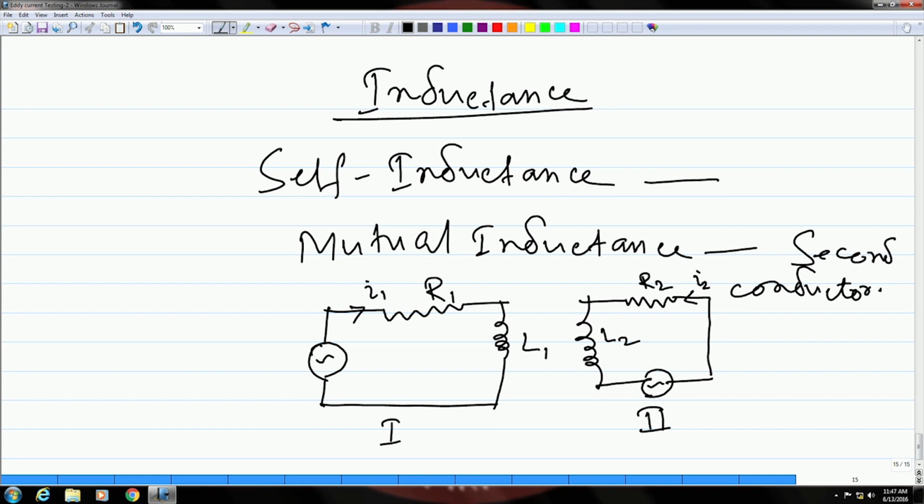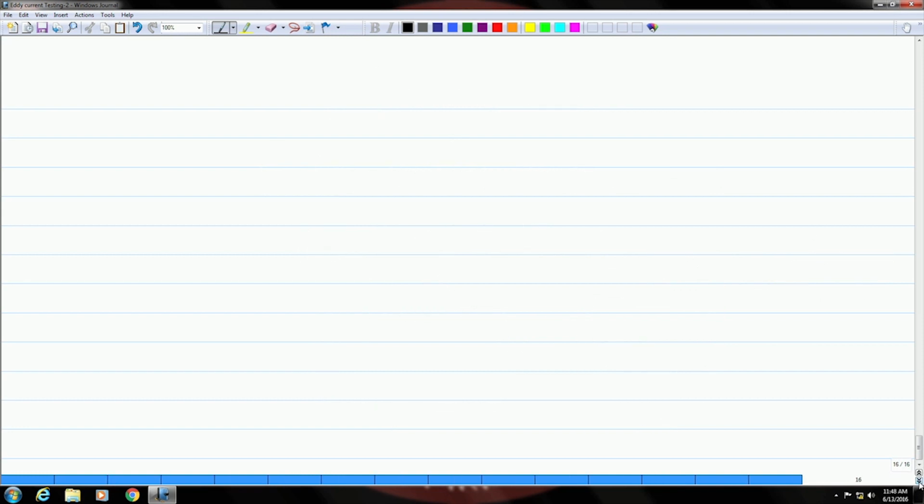So, if you write it in terms of this inductance or the magnetic flux which generates this induction. Let us say in the circuit 1, the magnetic flux phi 1 will be L1 or L11 I1. So, that is due to the current I1 which is flowing in conductor 1, plus it will have some induced EMF also, which will come from the second conductor.